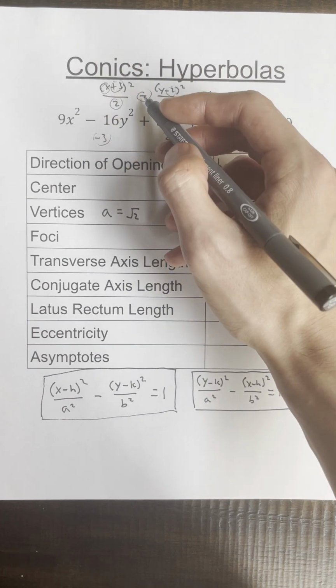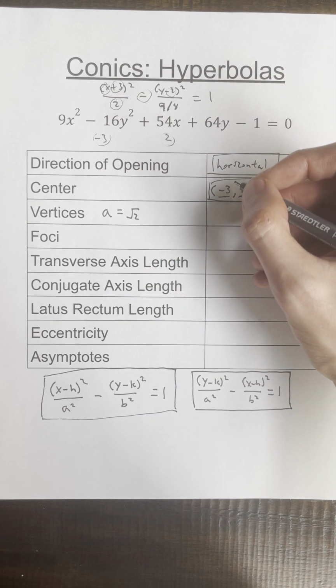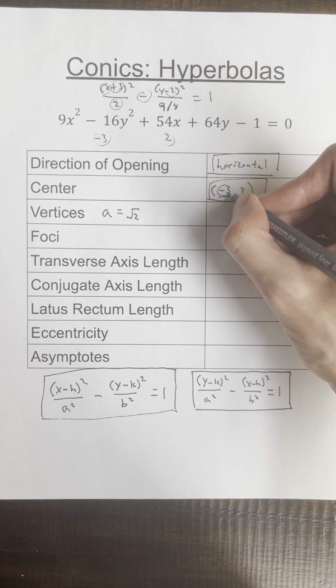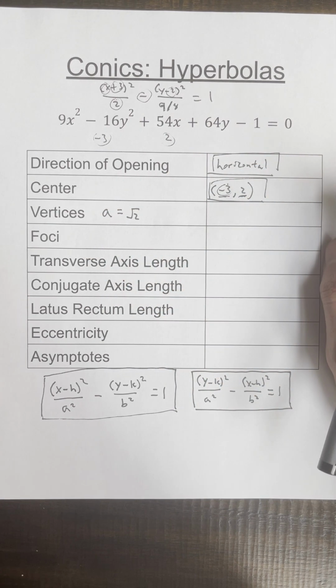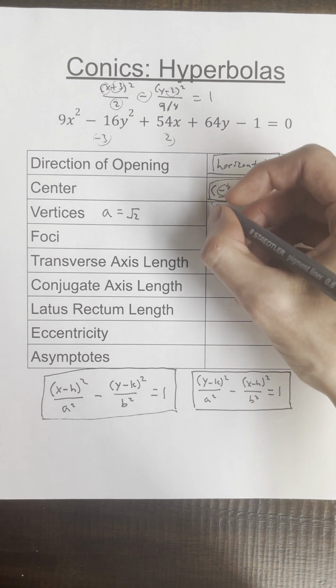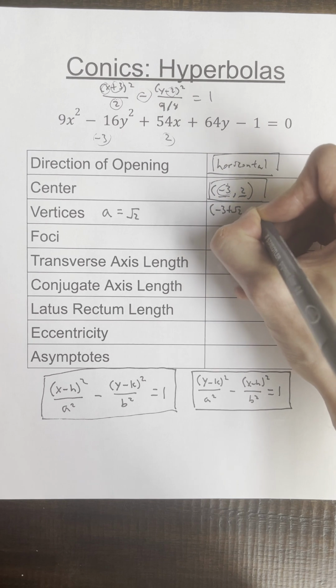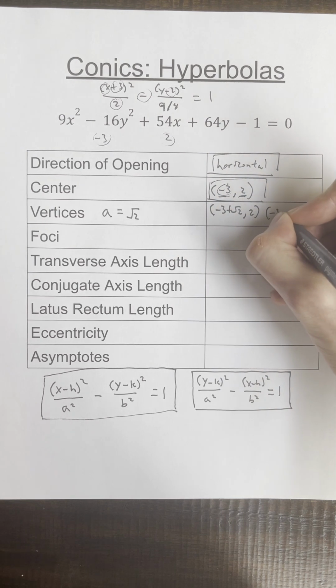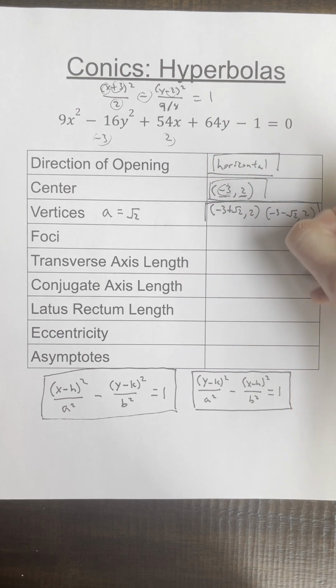Since x is in front of the negative sign, we need to change x. So what did we do with h and a? We added them, and we also subtracted them. This is your answer.